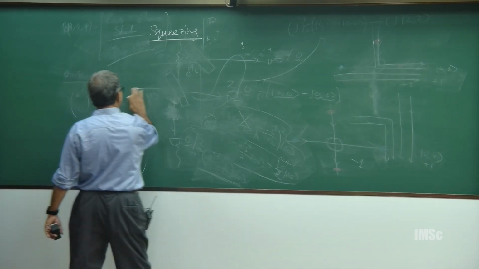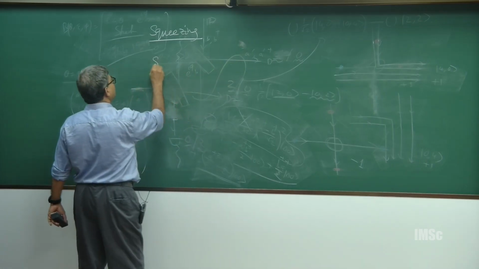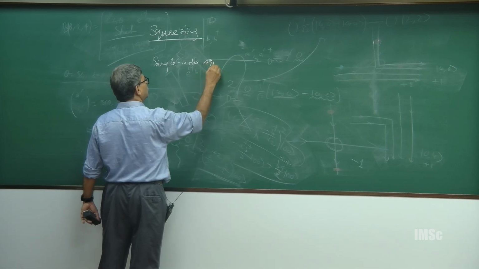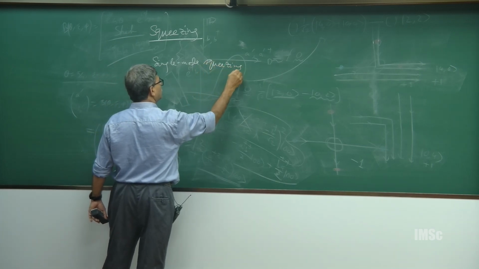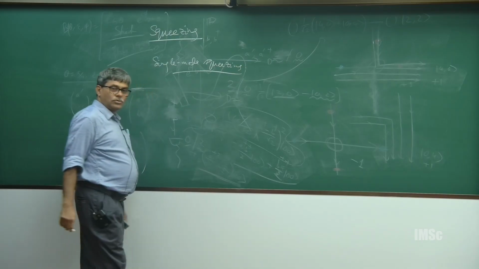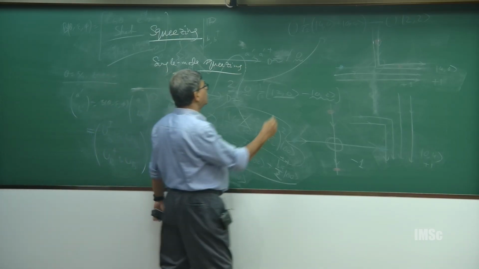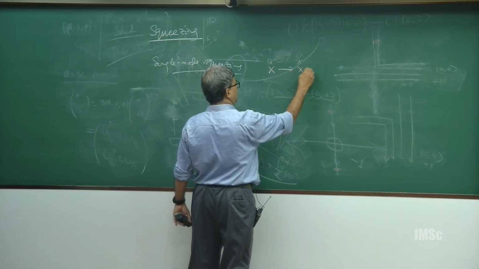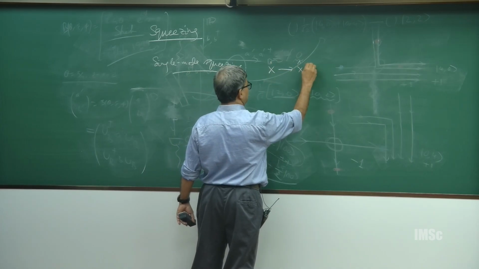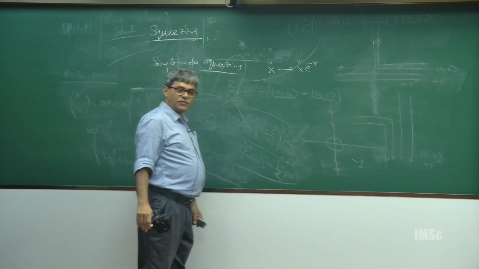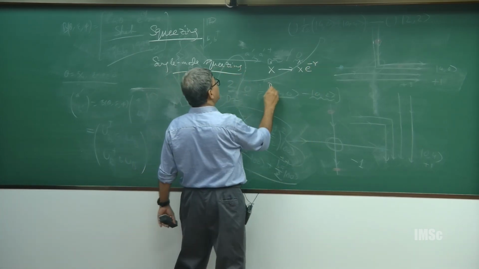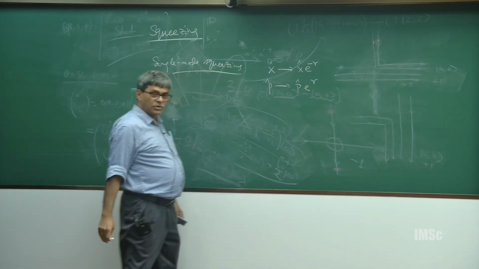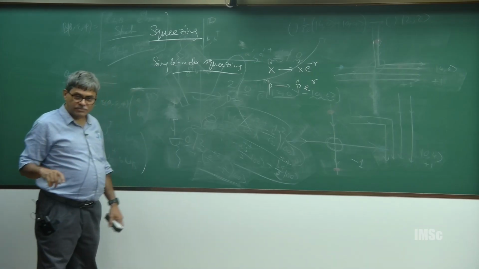I think I discussed single mode squeezing, which takes your quadratures, let us say x to e to the power minus r, where r is the squeezing parameter, and p goes to e to the power r, so that they satisfy the canonical commutation relation.